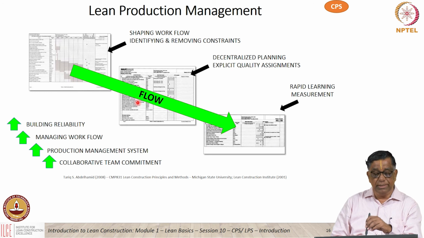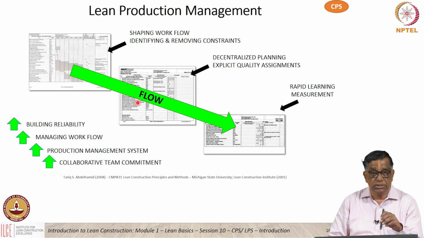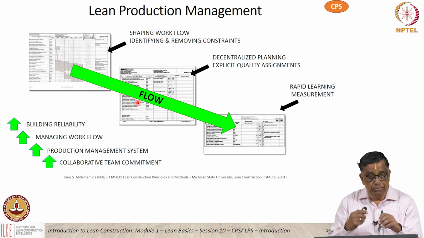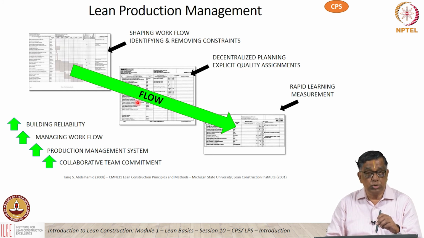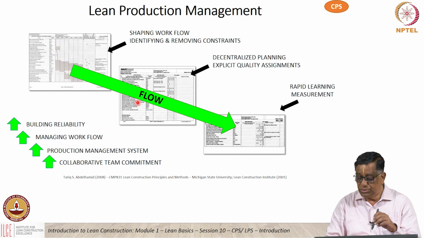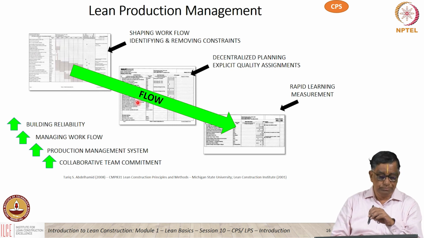Whereas if you look at the lean project management, production management, we have the workflow. That's a very important concept. And then we identify constraints beforehand, not measuring afterwards, but beforehand, and trying to remove them. And then we have decentralized planning. So, the people who are actually doing the work, they are involved in the planning. And then we have explicit quality definitions and assignments. And then there is a measurement of the learning, and then the feedback loop and so on.